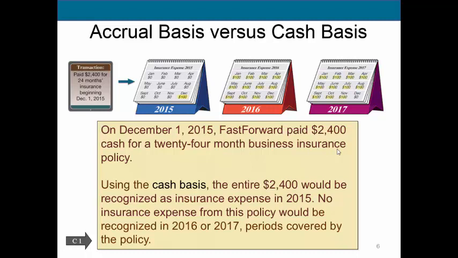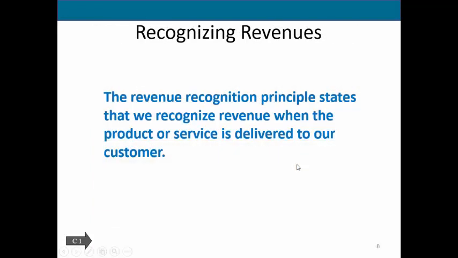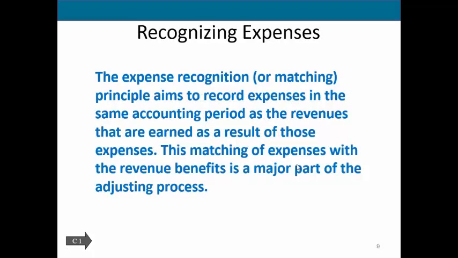However, in order to be able to have a business, you need to have insurance. So if this insurance is allowing us to do business for 24 months, it is therefore helping us to earn revenue for those 24 months. So we want to go ahead and recognize that expense in every month in which we're able to do business because of this policy. So that's what we mean when we say that we want to match our expenses with the revenues that they help us earn.